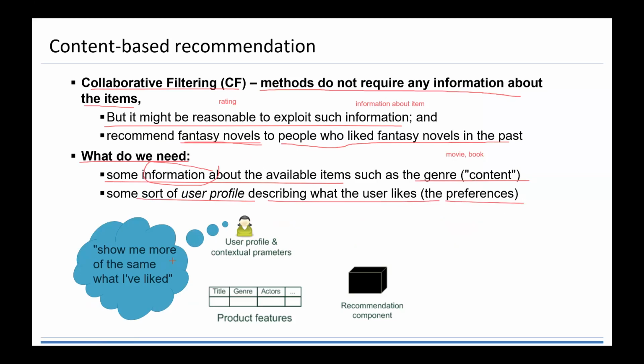So the idea in the content-based recommender system is: show me more of the same of what I have liked. If I liked the previous one, which is an action movie, then in the future I would also like action movies. If I already watched a romance movie, then in the future I probably also like romance movies. So that's the idea.